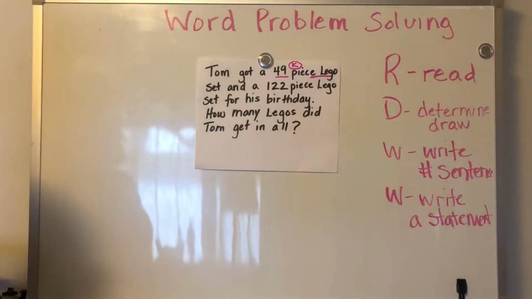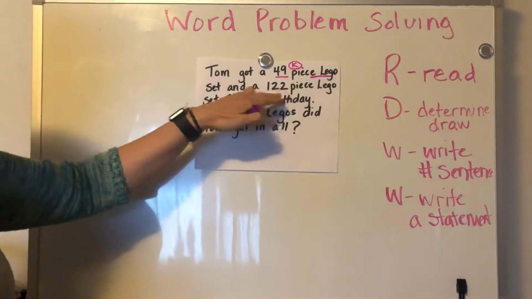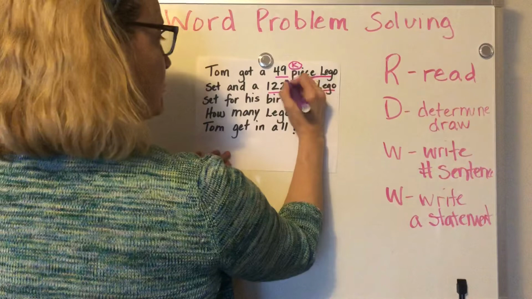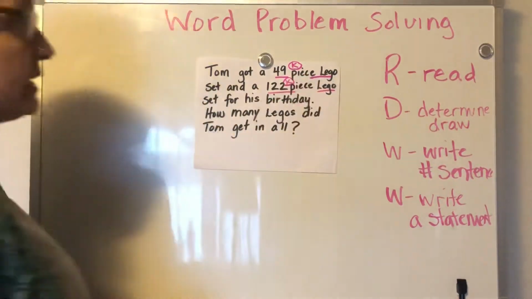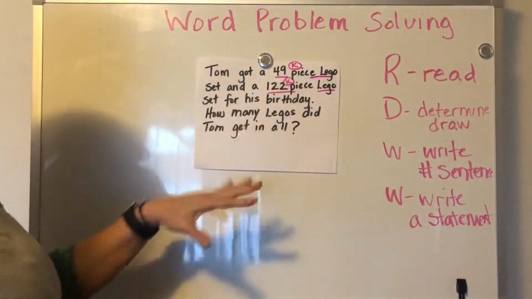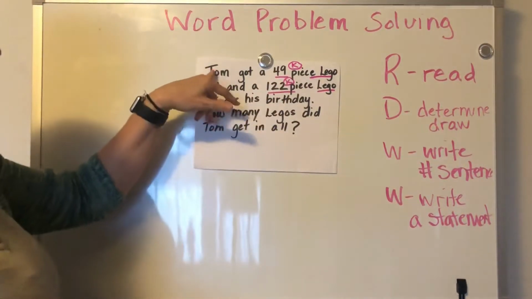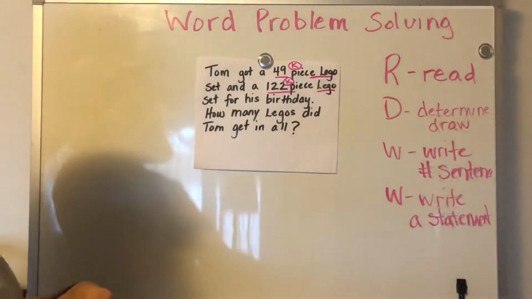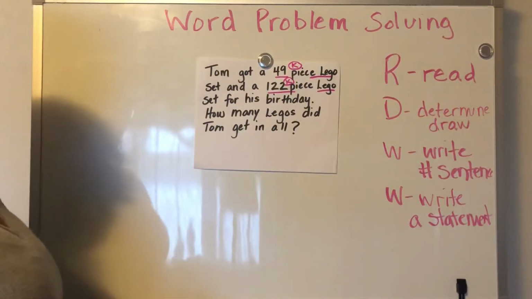I know it. And anything else that I know? Well, I also know that he got 122. So I'm going to underline that as well because that's something I know. So that's not asking me any questions so far. This is just me visualizing Tom for his birthday. He's got a 49-piece Lego set, and now he has a 122-piece Lego set.